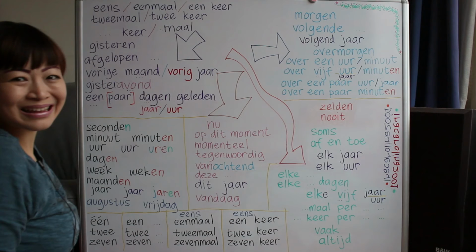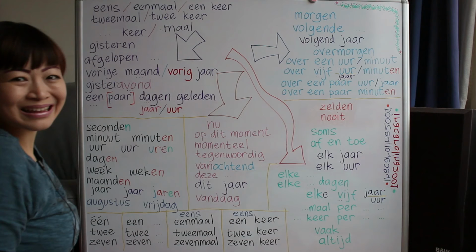And then don't forget the space. If you want to say 2 times per week, 2 maal per week. But if you want to say 2 times per 2 weeks, of course this is 2 and this is the times. You can use maal or keer. Per, this is 2. Don't forget the weeks, weken.